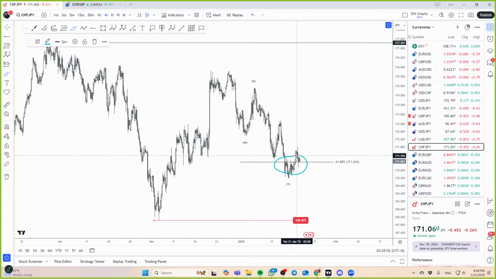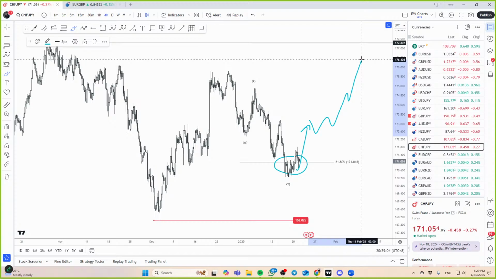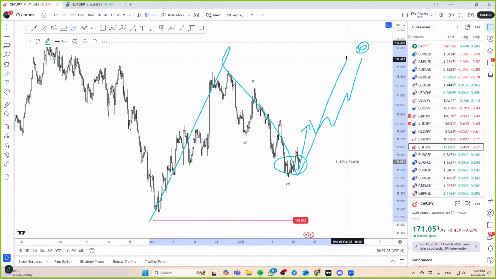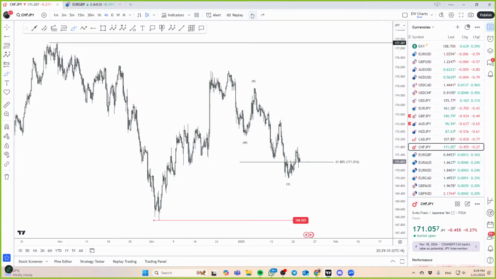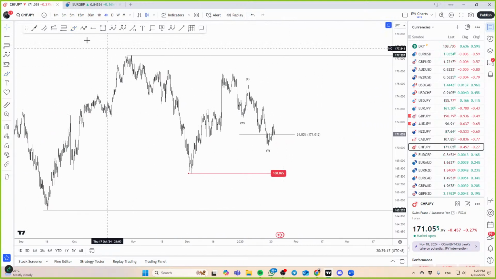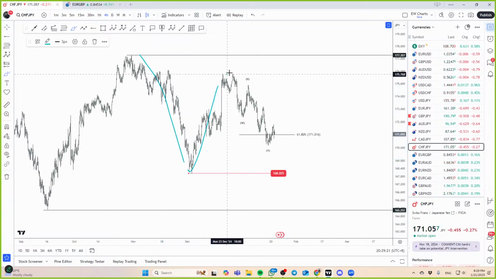If this can just bounce up impulsively, there's a good possibility we will actually go back and maybe retest this top, as a 1-2 trade. However, if the market is not reacting to the upside impulsively, then the odds of this are also possible, right? 1, 2, and then 3.